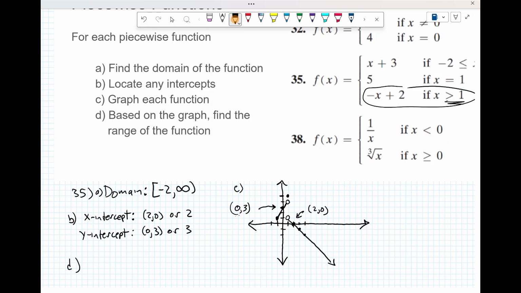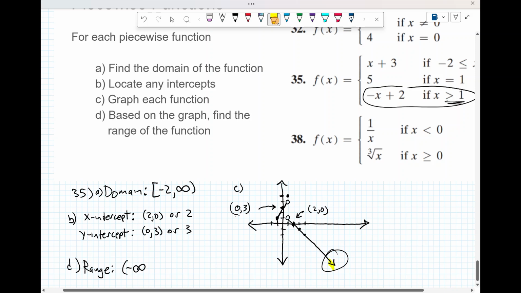The smallest y value, well, as you can see right here, it's just going to keep going to negative infinity. So that means the smallest possible value is negative infinity. And then it will keep every number starting at negative infinity all the way up to y equals 1 on that part of the line.